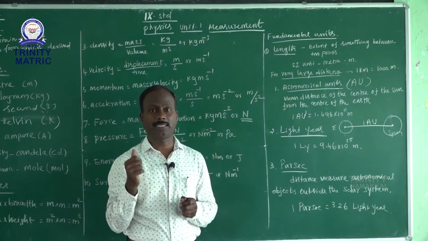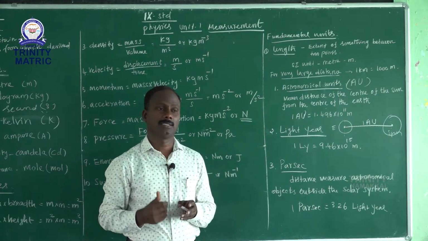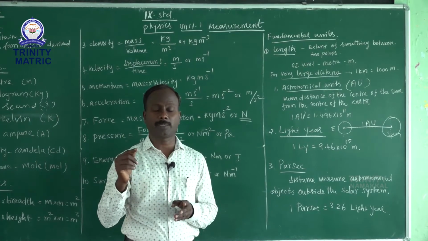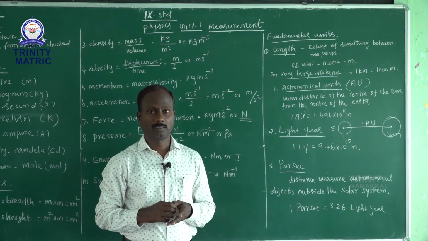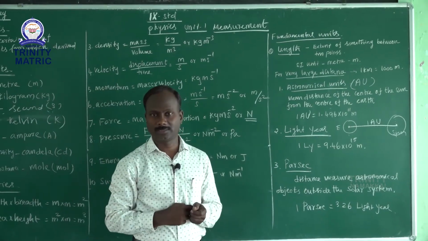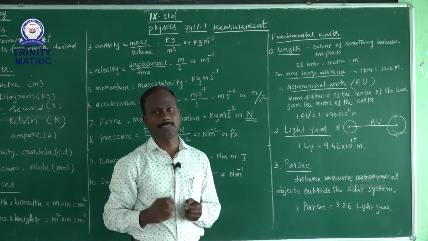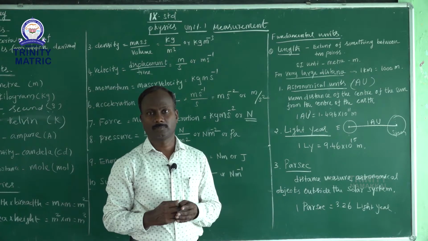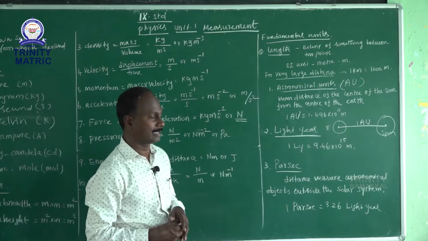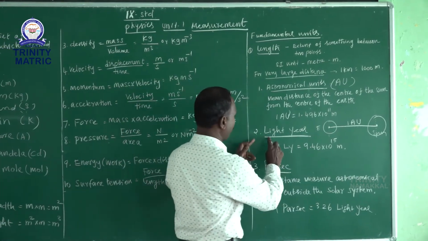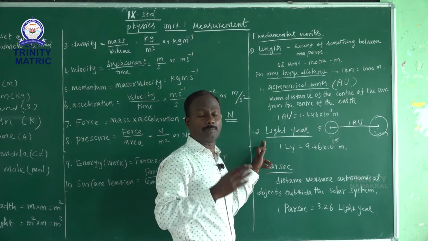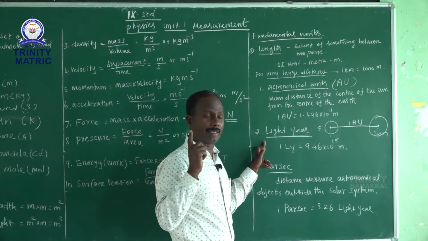Per second, light can travel 3 lakh kilometers. That is 3 into 10 power 8 meter per second. Light travels from the sun to the earth in 8 minutes 20 seconds. So 1 light year means the distance traveled by light in 1 year.